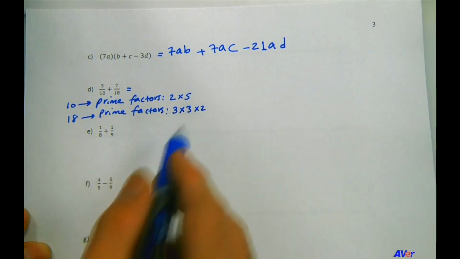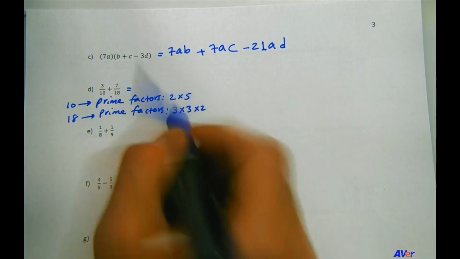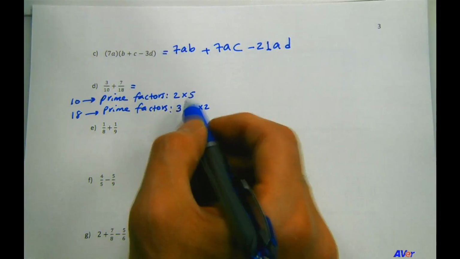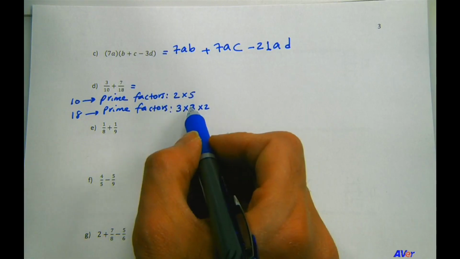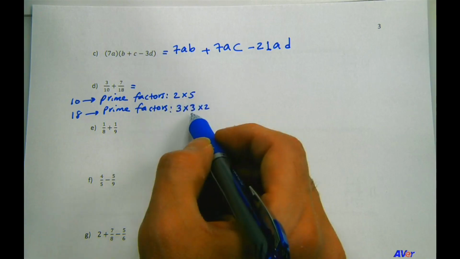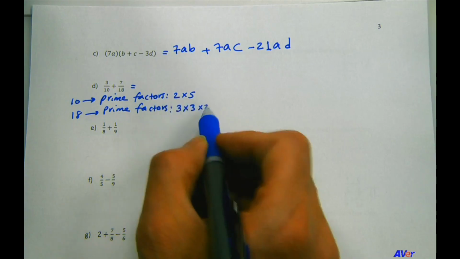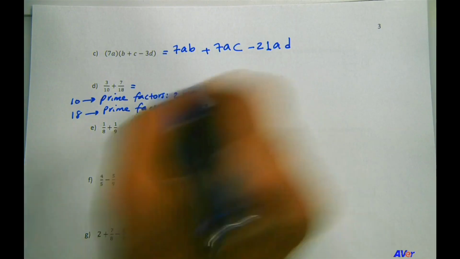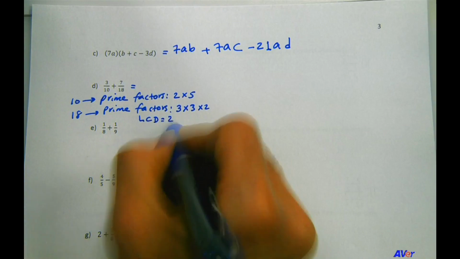Then once you have the prime factorization, then the least common denominator would be each of these factors, taken the larger number of times it happens. So 2 happens once under this factorization, and it happens once here. So the LCD is going to have 2 only once.